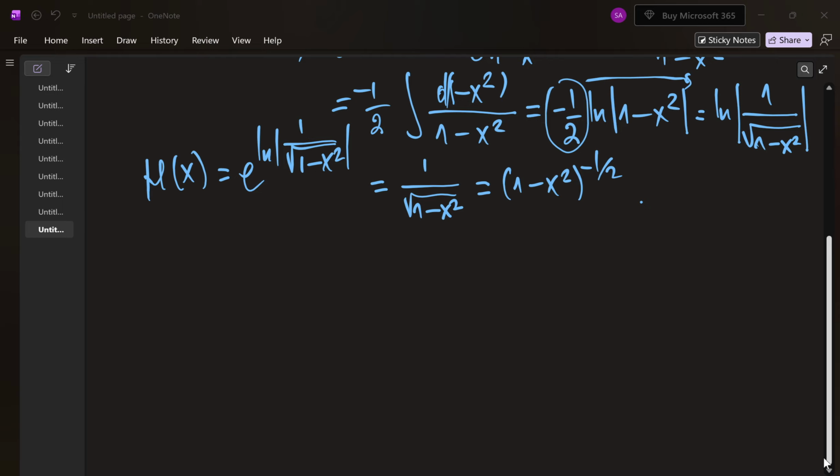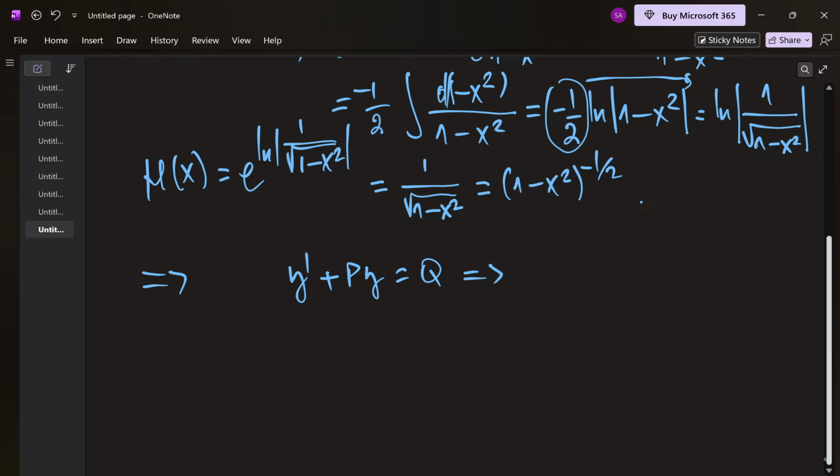So next, this is the integrating factor, u. Now we multiply by the integrating factor and integrate. When multiplying by u, remember we have y prime plus p of x times y is equal to q.